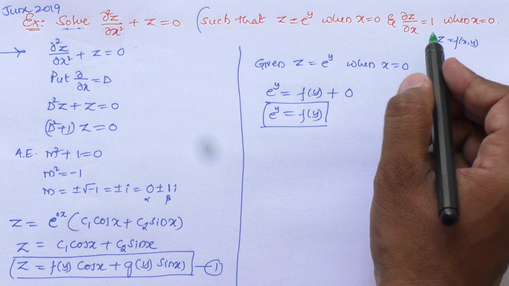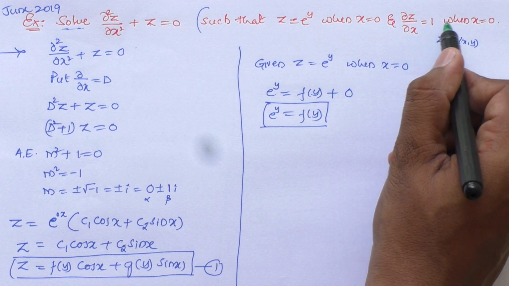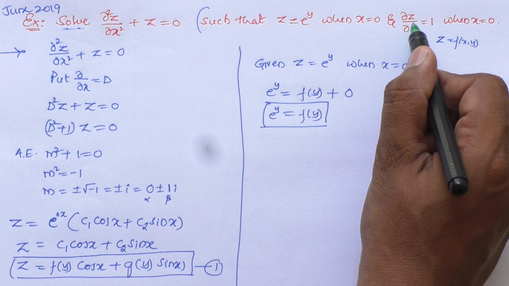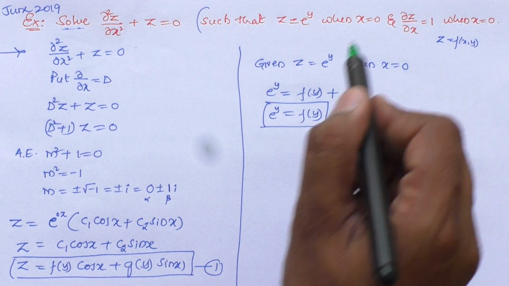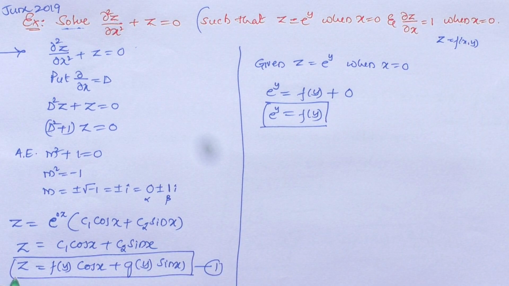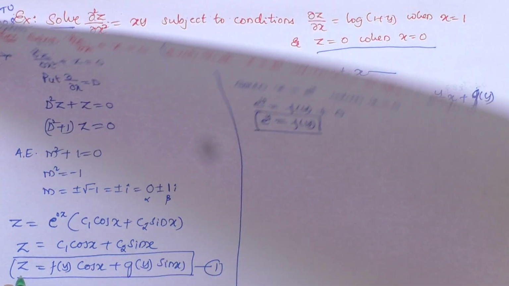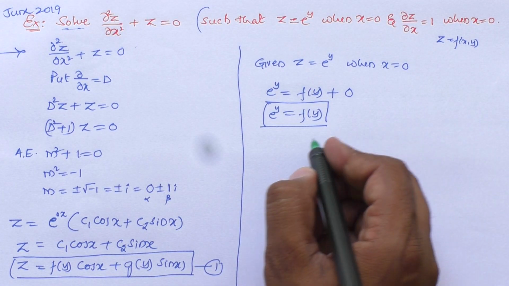Now let us apply the second condition, ∂z/∂x is 1 when x is 0. For which we require ∂z/∂x. So whatever the equation 1 is there, which is z, differentiate it with respect to x partially.